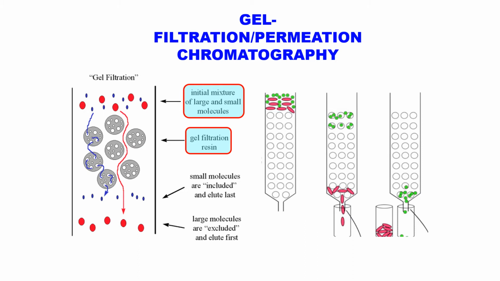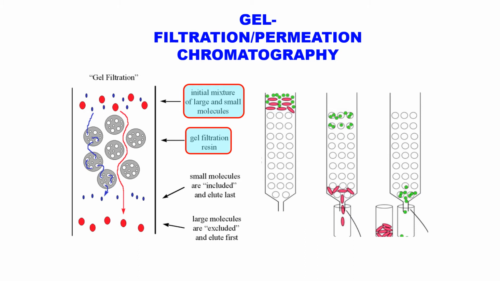So the red ones are the bigger molecules. They are unable to enter the beads as their size is larger than the pore size of the beads. So they just move along with the mobile phase, without entering the porous beads, and they just trickle down.